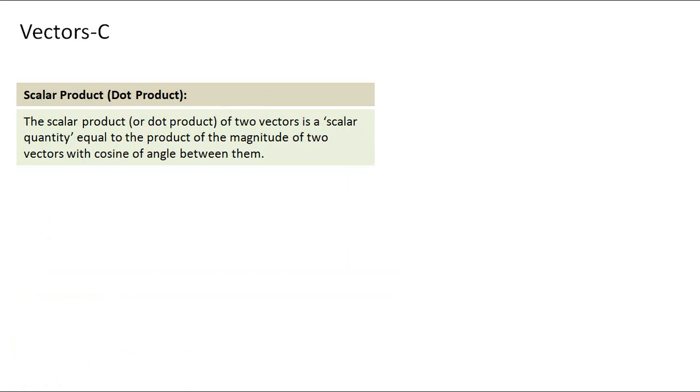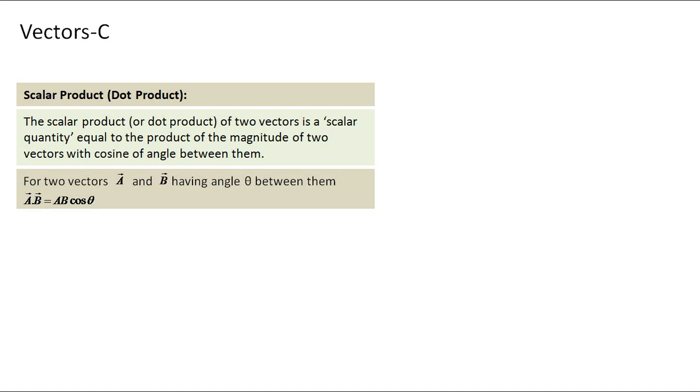What is the definition of a scalar product? The scalar product of 2 vectors is a scalar quantity equal to the product of the magnitudes of the 2 vectors with the cosine of the angle between them. It's much easier to understand in terms of an equation.